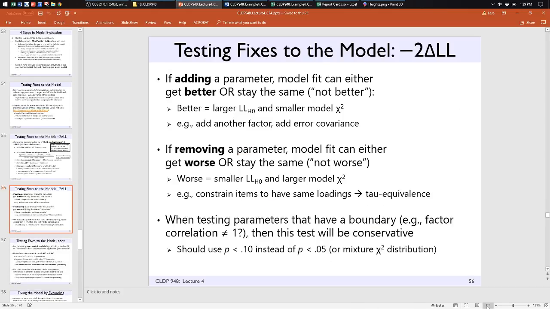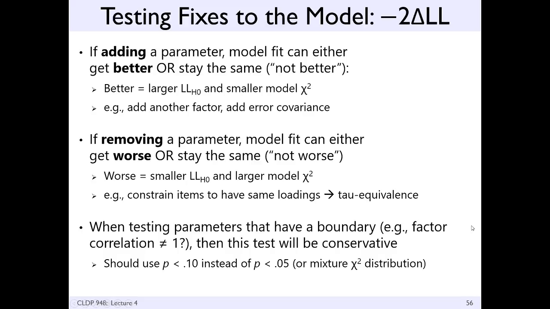Keep in mind that in testing differences in model fit, you want to be able to think about the direction of the comparison relative to what you want to know. So if you're trying to make your model better, you are trying to add parameters. If you add parameters, your model can get better or not better. So if you try to add something and it doesn't help, that shows up as a non-significant chi-square for the difference between what you had and what you have now.